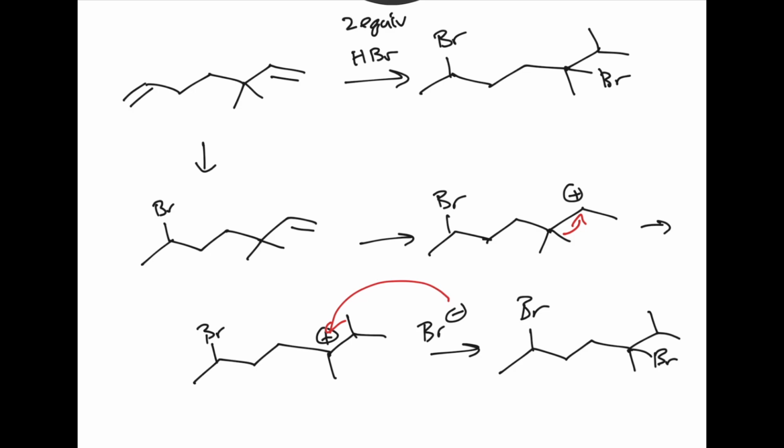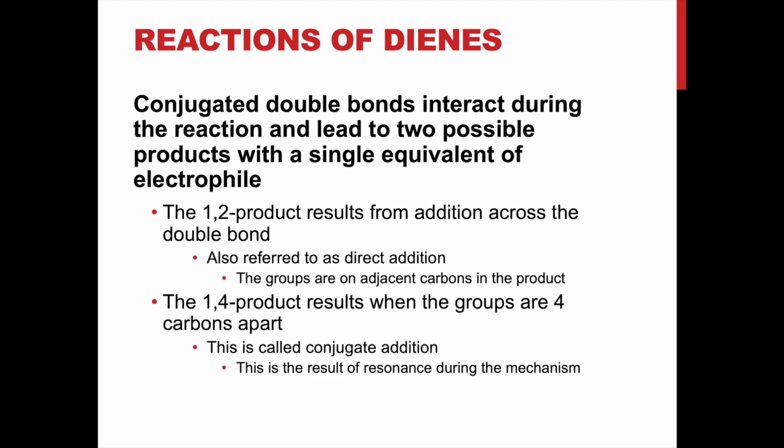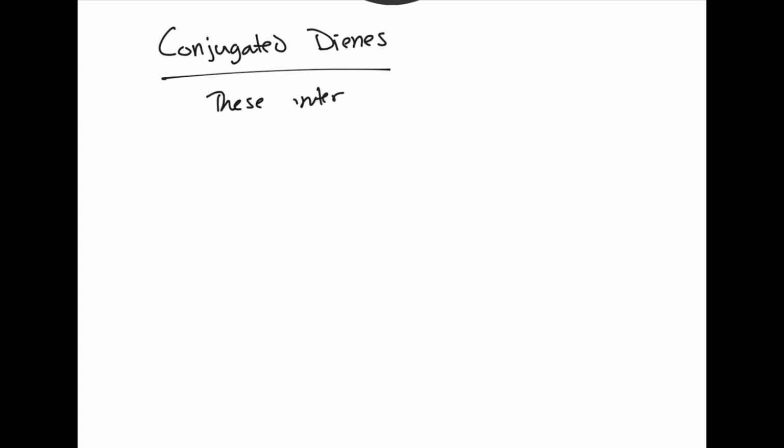Now, the other type of diene that we need to worry about are conjugated dienes. So these are close enough that they have resonance, that they interact before a reaction starts.